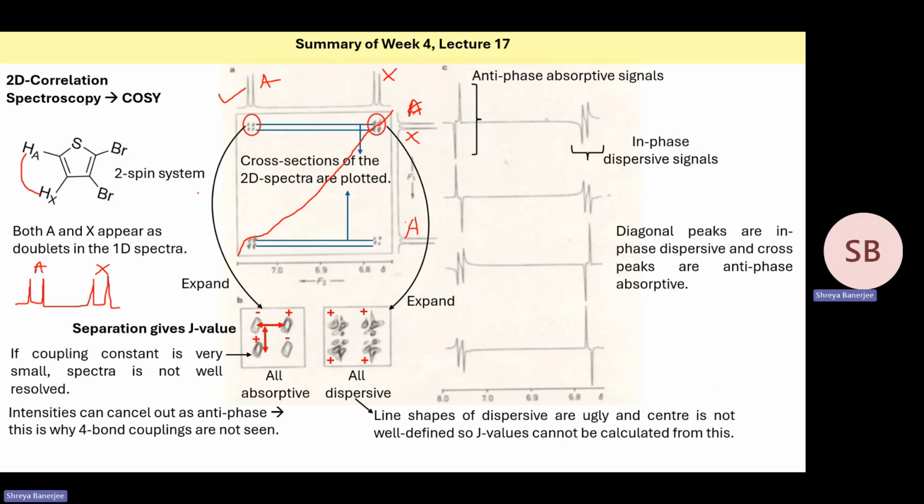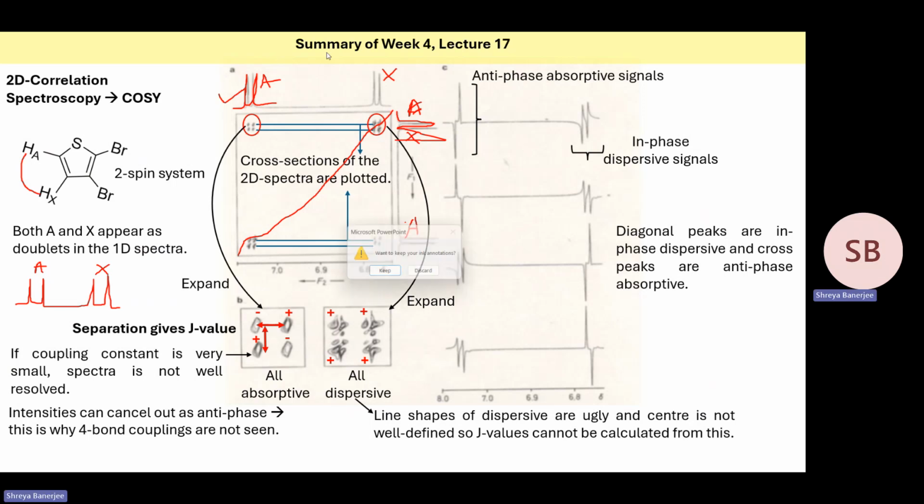On the left side, we have expanded one cross peak. We can see that one cross peak is actually 4 peaks. Why are there 4? Because this is a doublet, and this is also a doublet. So each doublet has 2.